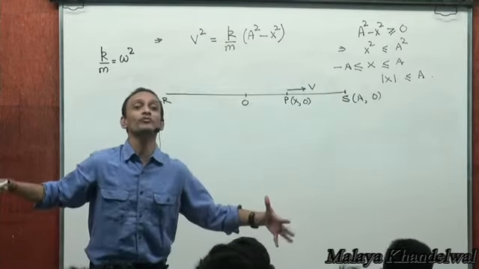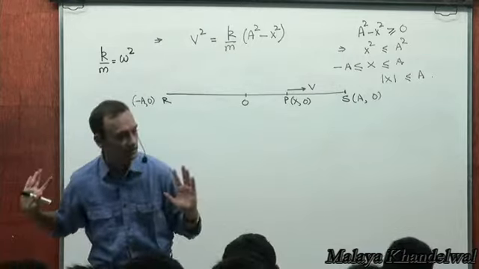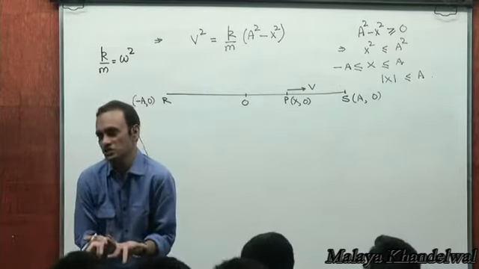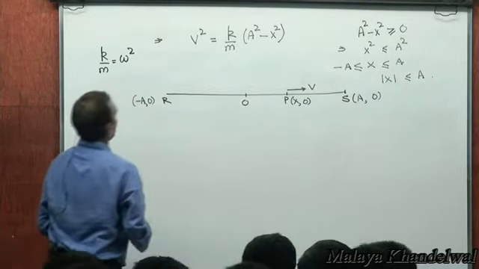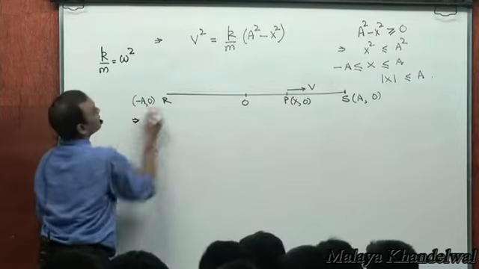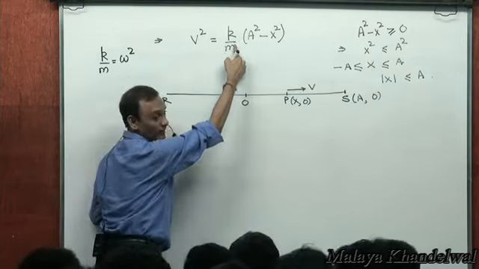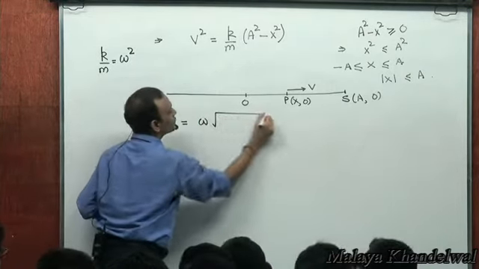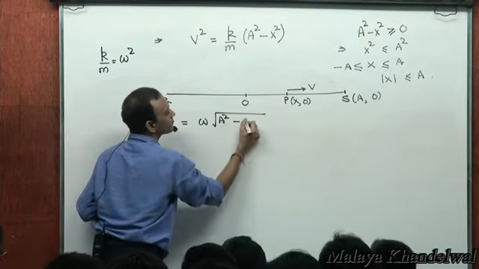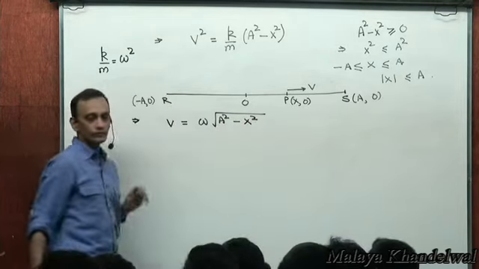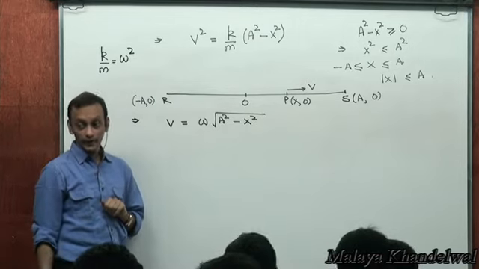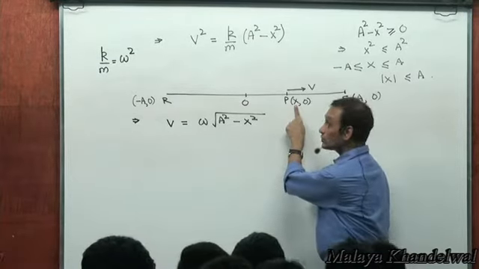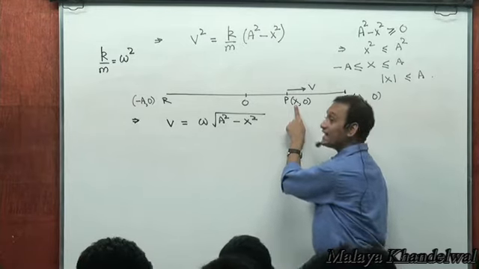The physicality of omega squared we will figure out when the time is right. But for the time being, let me just look upon this as a mere algebraic entity. Okay? Then the speed of the particle v, if you plug in k by m as omega squared, would be omega root A squared minus x squared. Right? But v at this instant would be dx dt.